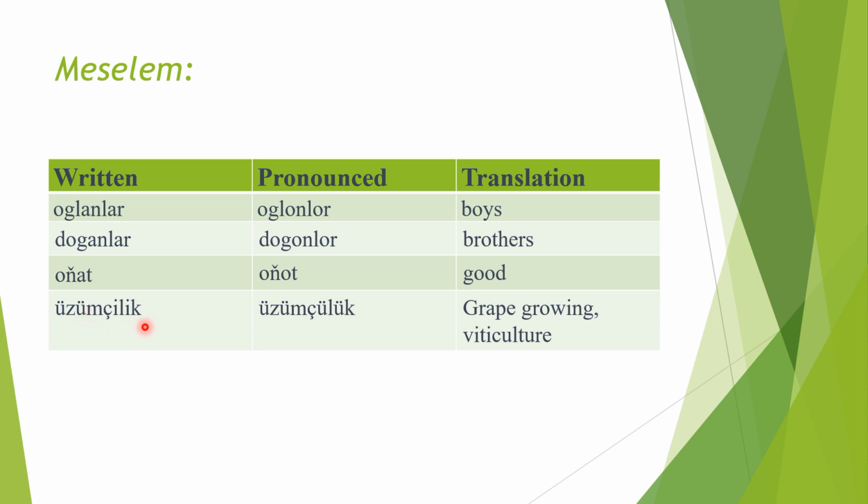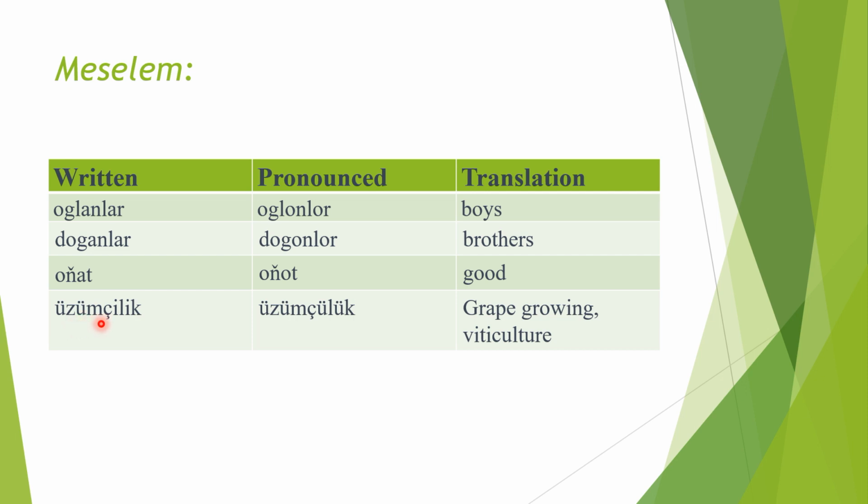The next word is with u. So unlike o and ö, which we can write just in the first syllable, u and ü we can write in the first syllable and in the second syllable. So it has a little advantage compared with o and ö.